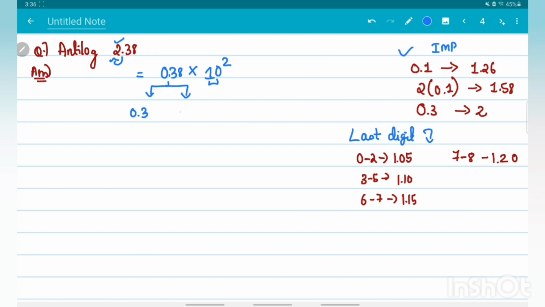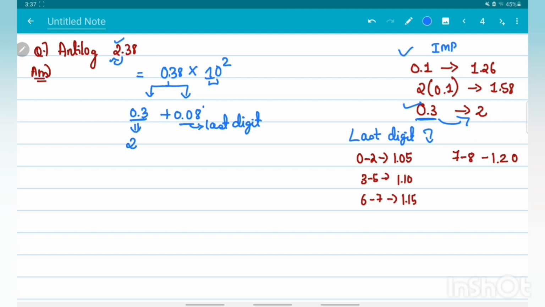It can be written as 0.3 plus 0.08. Over here we have got 0.3 as the value. In the starting I told you that if you get something like 0.3, you have to substitute the value 2. So we are going to substitute the value 2. And now this is our last digit.